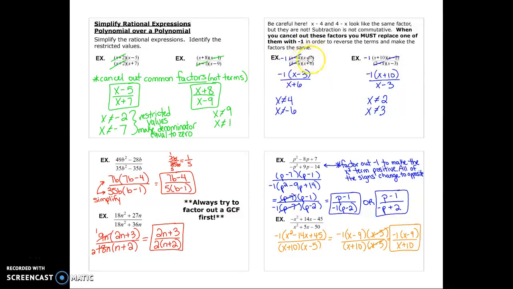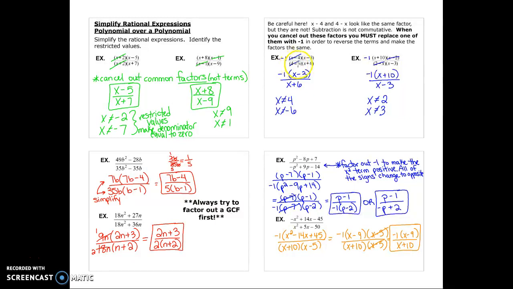Okay, then I still have an x minus 3 left over in the numerator that gets attached to that negative 1 that I had to put in its place. And the x plus 6 is still left over, so it goes in the denominator. Same thing with your restricted values. Go back to your denominator. What's going to make each one of these parentheses equal to 0?